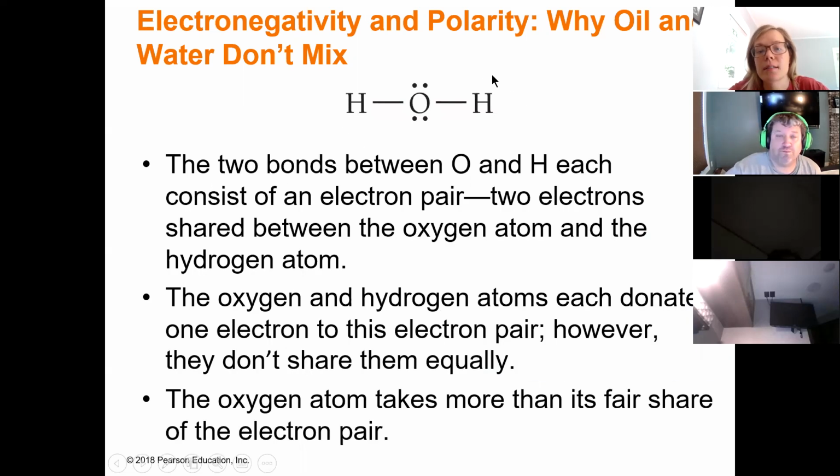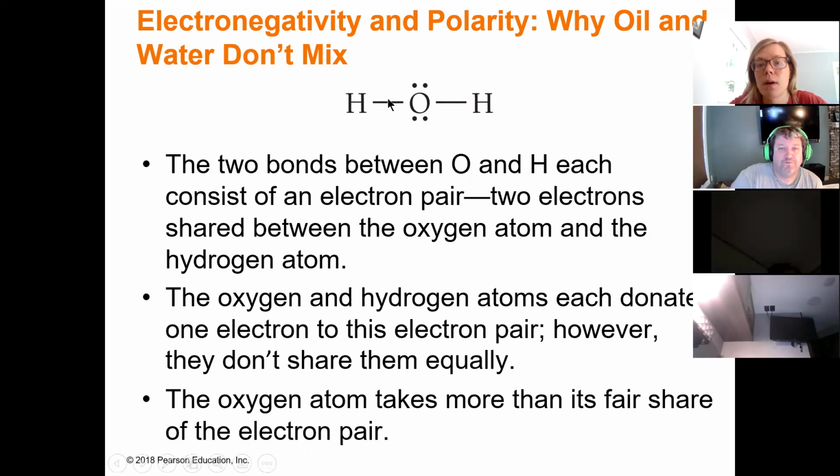Well, let's look at this molecule right here. We've got a single water molecule. There's hydrogen and there's oxygen. They're sharing this electron group, right? So we've got this bond here that's being shared, but it's not being shared equally, okay?